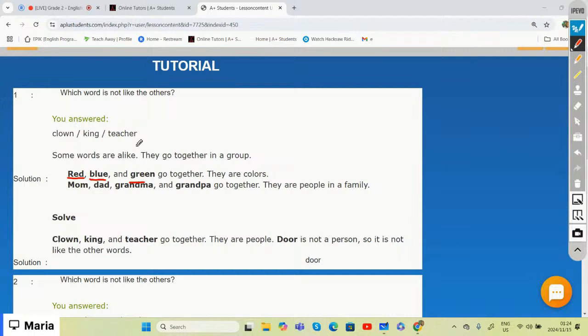If we look at those three words, they're not giving us another extra word. All three words are related, and they are related because they are people.